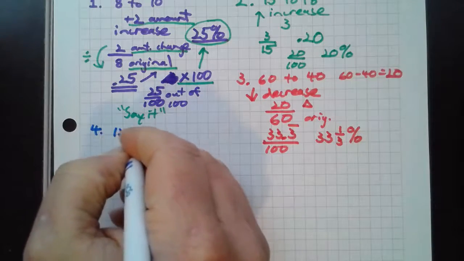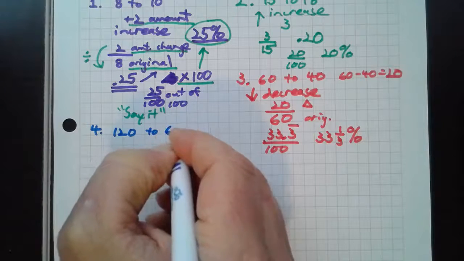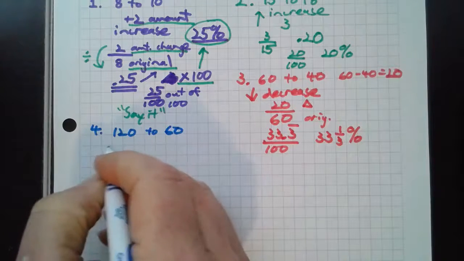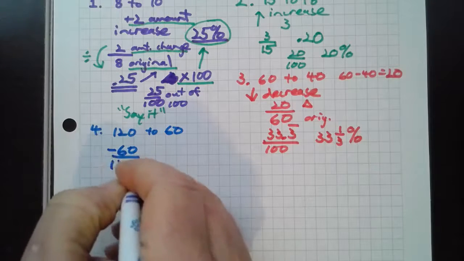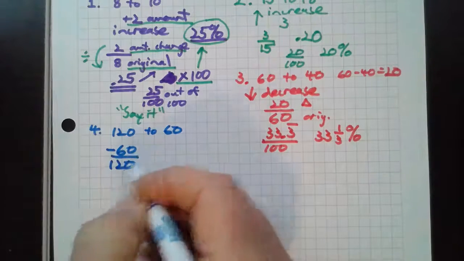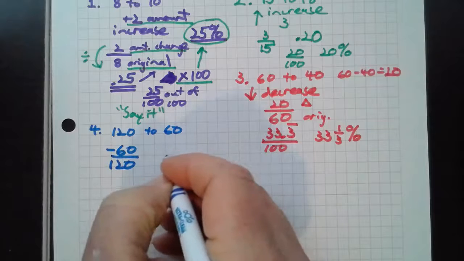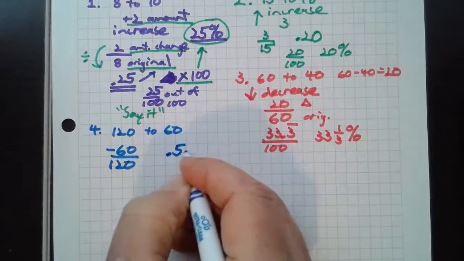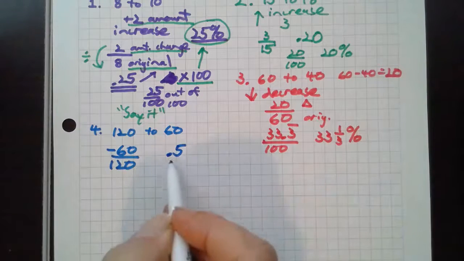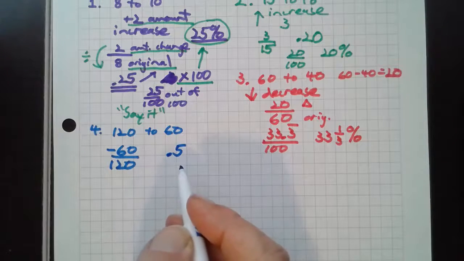Number 4. Changing from 120 to 60 is a decrease of 60 over the original. 60 out of 120 is 50%. Well, on the calculator it comes up as 0.5, kids like to say.